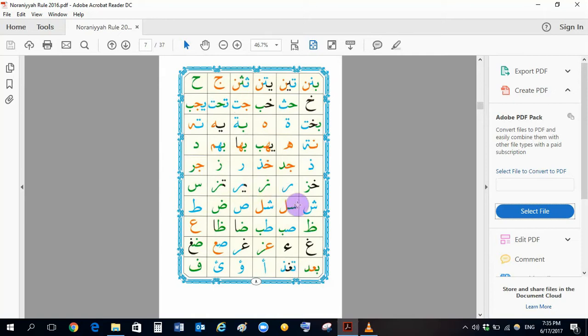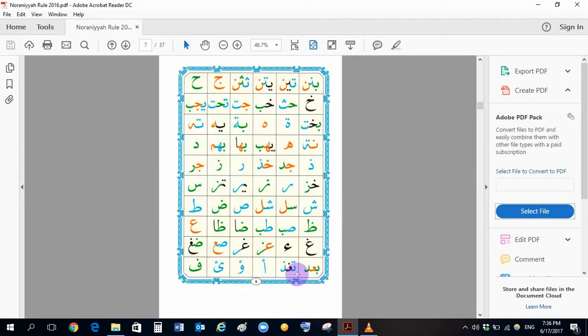That's very important. This is the foundation of Al-Qaida Nuraniyah and the reading also later on. So we must make sure that he knows everything here. We do revision twice, thrice, until we are sure that there is no confusion with any single letter.